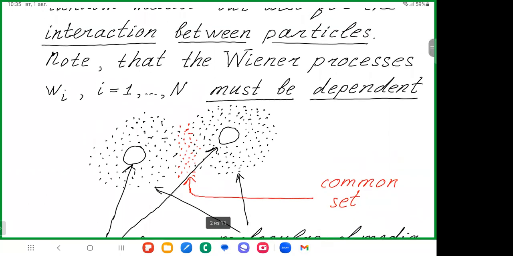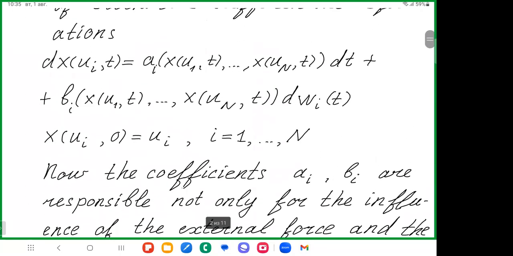So from this simple attempt, trivial attempt, to write the equation for the several particles in the random media, we get a few things. One is that the coefficients must depend on other particles, and another one that the noises related to every particle must be dependent.